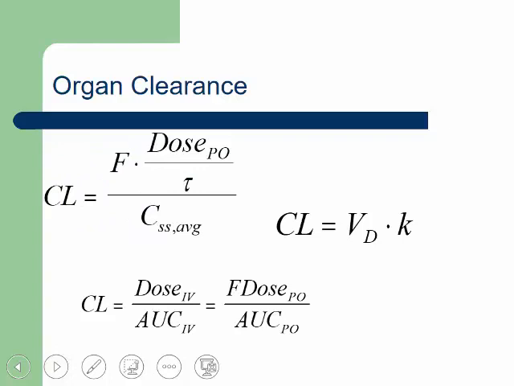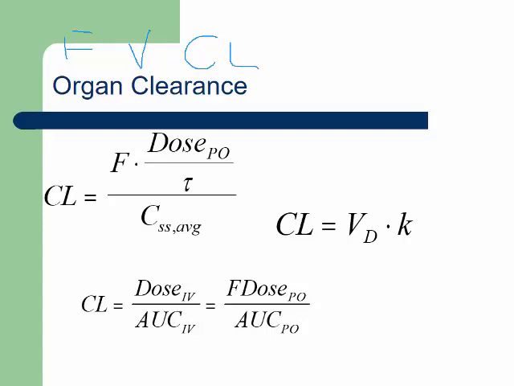So now remember we've talked about the fact that bioavailability, volume, and clearance all determine our dose rate and dose interval, which helps us to determine if we should make dosing regimen changes.